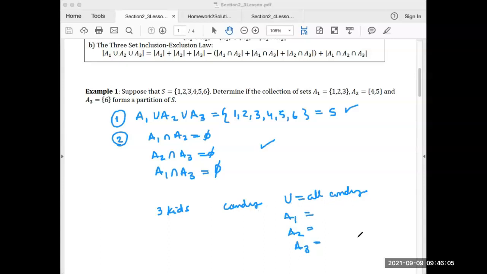The first kid, the second kid, the third kid are going to get a certain amount of candy. I want all of it to be divided up, but they're not going to share, right? So there are not going to be any common elements between the candy from the first kid and the second kid, because they're going to fight if they're both eating the same piece of candy. So you're going to want to keep it separate.